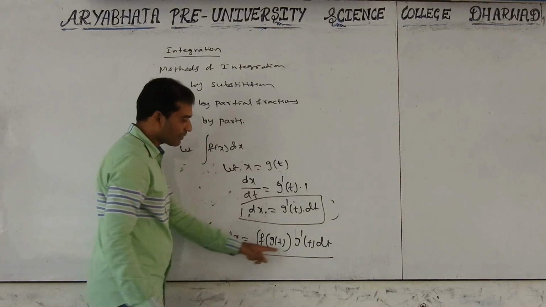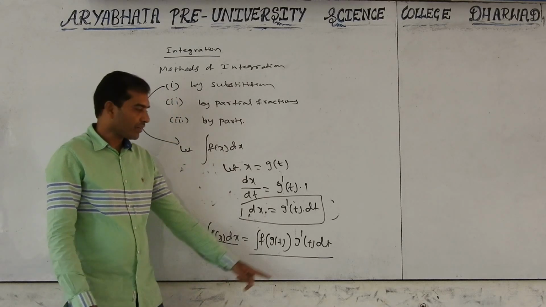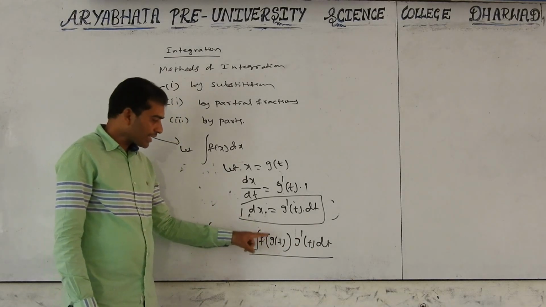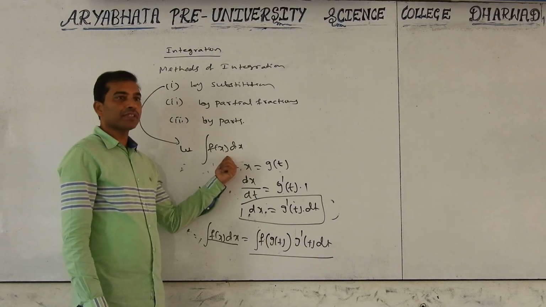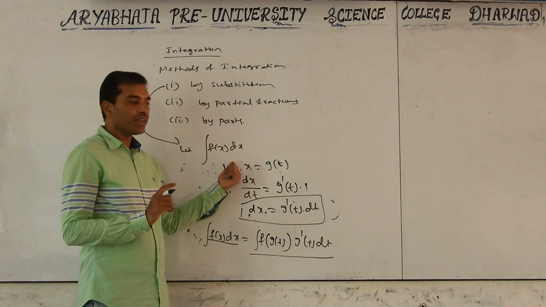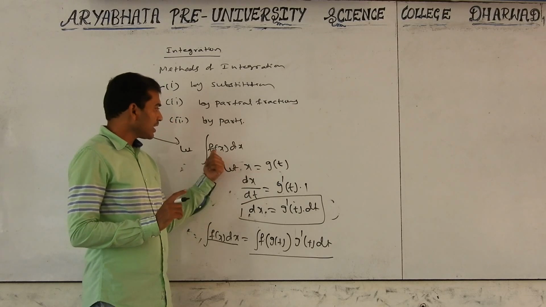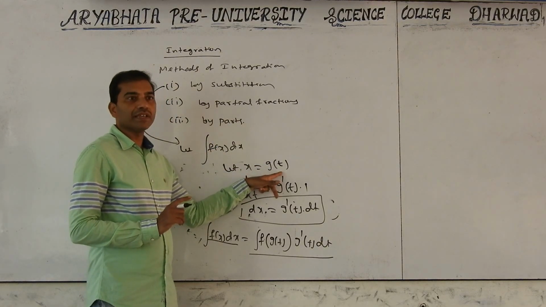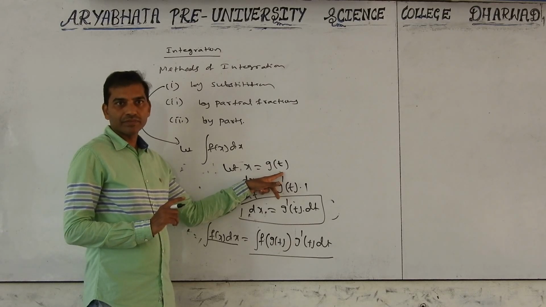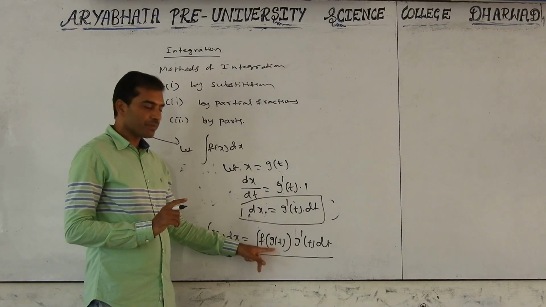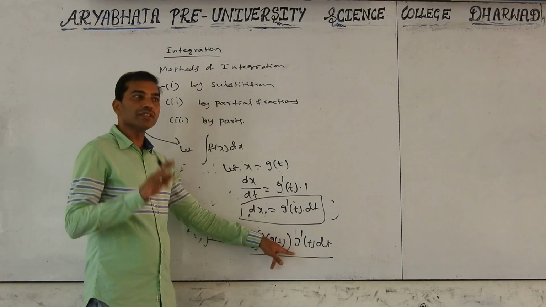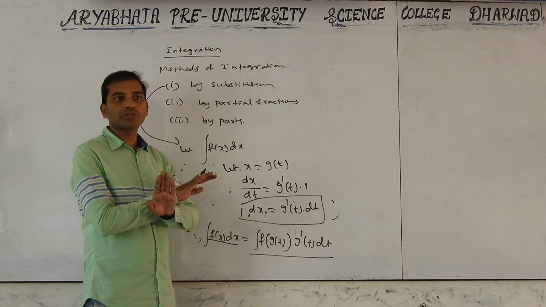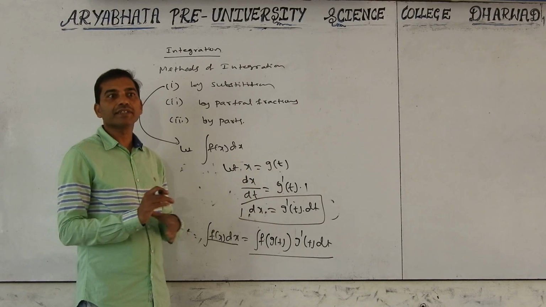So with respect to t here, no x variable remains. If an x variable is there, the substitution method is not applicable. When you use the substitution method, each and every x variable converts into t. What you assume, is it possible to convert in terms of t? Then the substitution method exists. If it is not possible, the substitution method does not exist.